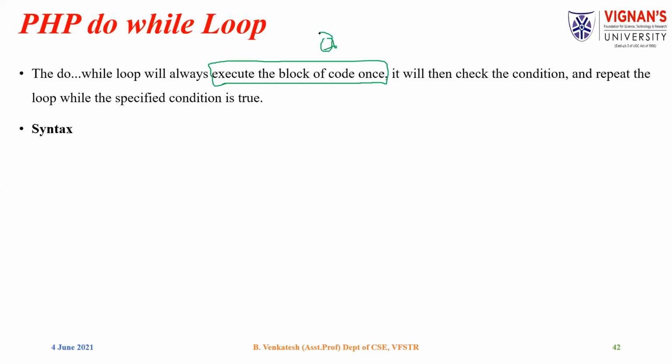Why? Because if the condition is false in the beginning itself, it is not going to be executed. Whereas in a do while, first it will execute the block, and only then it will check the condition. That is the difference between a while loop and a do while loop.